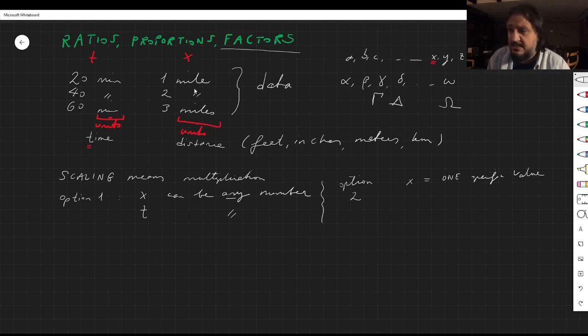If X is 1, let's say in our data table, if X is 1 mile, or MI for short. Okay, like we use MIN for minutes, we can use MI for miles. What about 2 miles? That's not X anymore because we used X for 1.